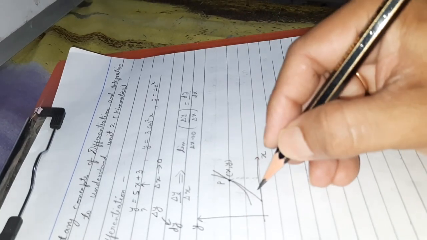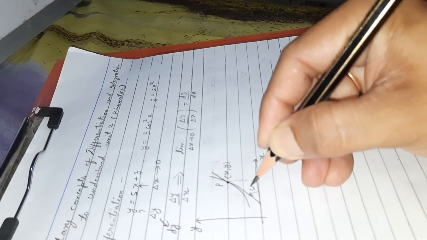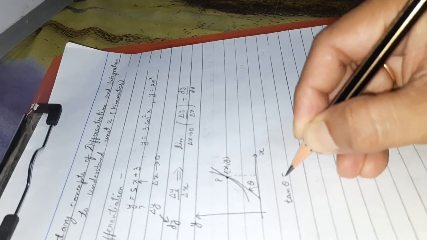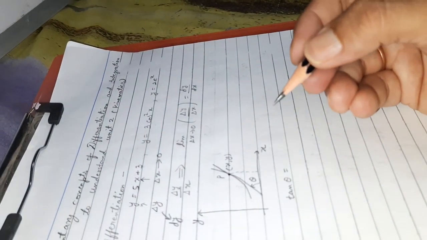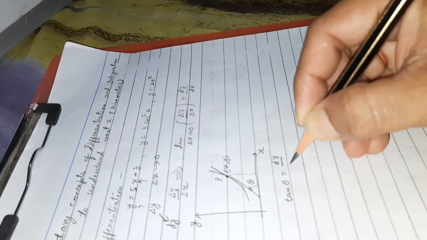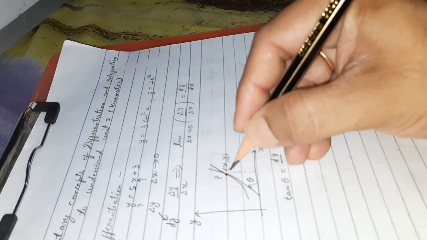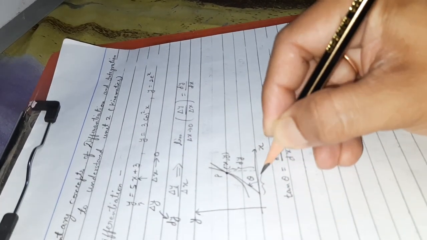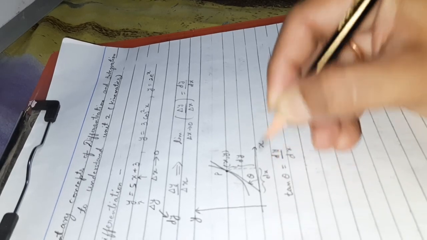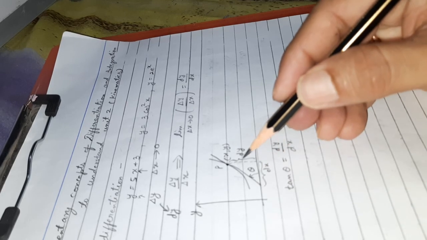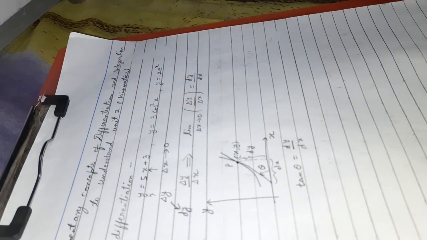Suppose this angle is theta, so tan theta is equal to perpendicular upon base. This height is dy and this distance is dx, so tan theta is dy upon dx.